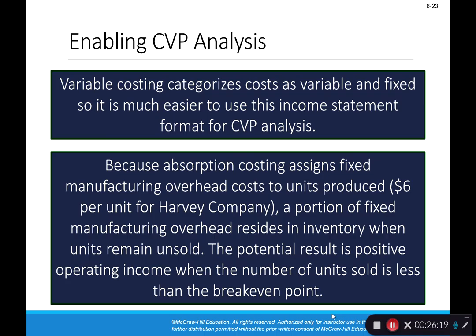Remember, we said absorption absorbs like a sponge the fixed overhead, and then the fixed overhead gets stuck in inventory until it's sold. The potential result is positive operating income when the number of units sold is less than the break-even point. So, in other words, if we don't use variable costing, CVP analysis won't work. That's the bottom line.